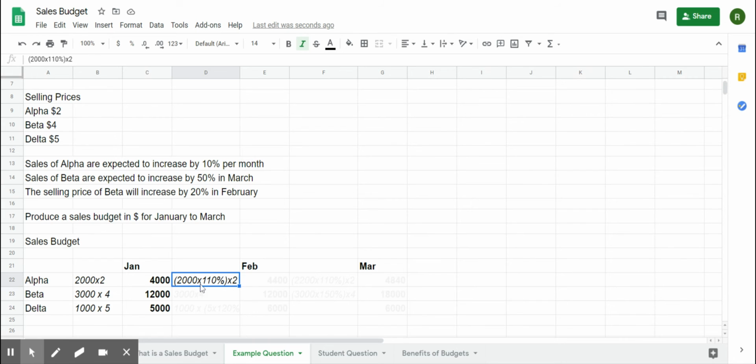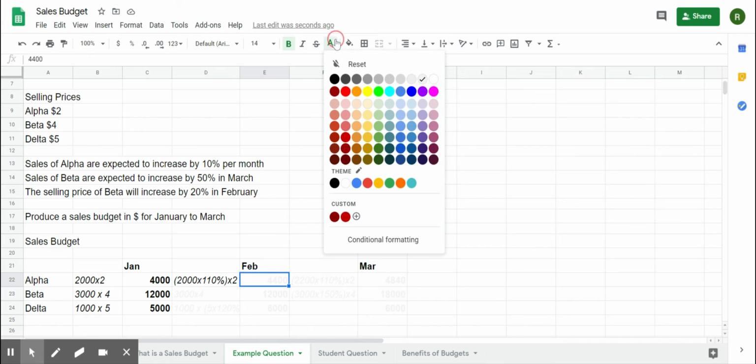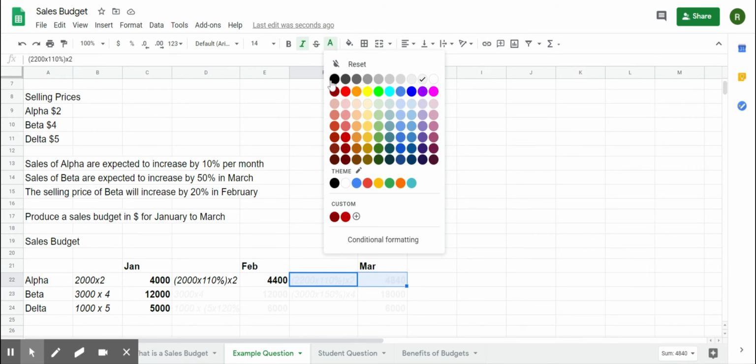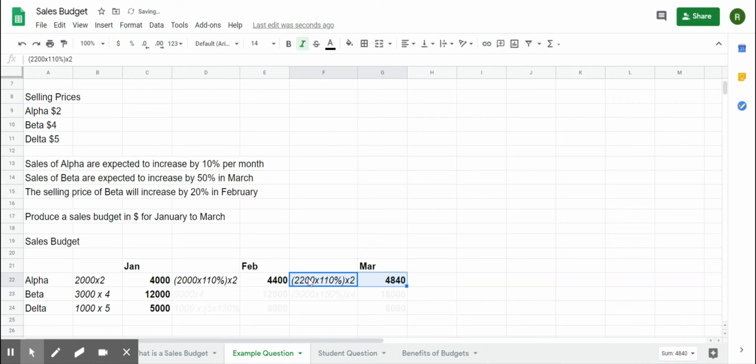So 2,200 times 2 gives expected sales of $4,400. And again, you would increase the 2,200 by 10% in March, and that would give you expected sales of $4,840.